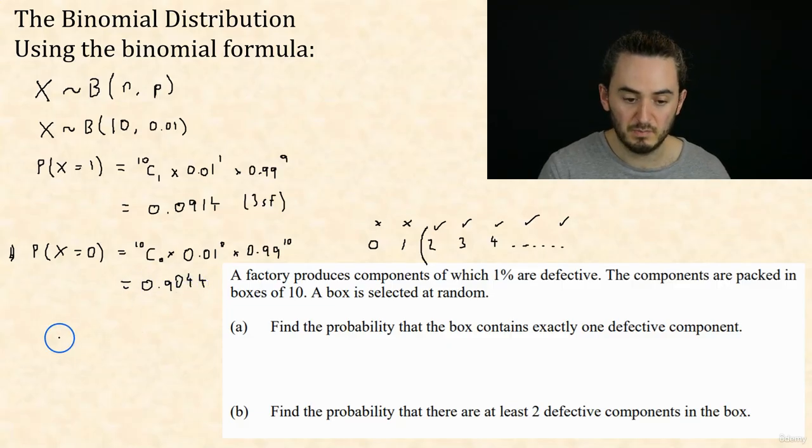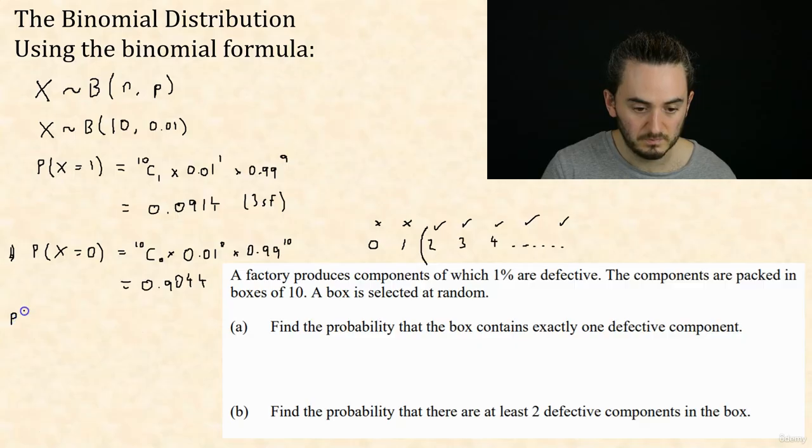So the probability of there being at least 2, which we can describe as x being greater than or equal to 2, is 1 minus the probability of it being 1, which we worked out above, minus the probability of it being 0.